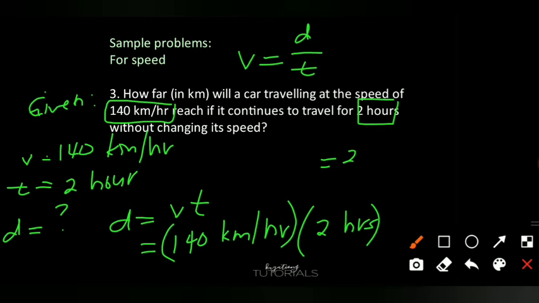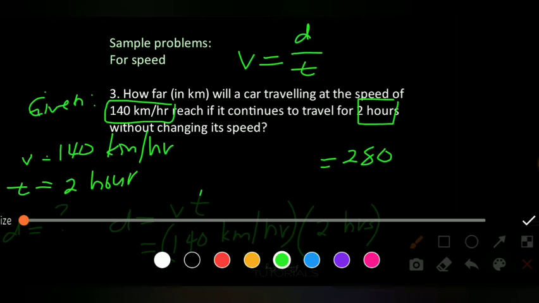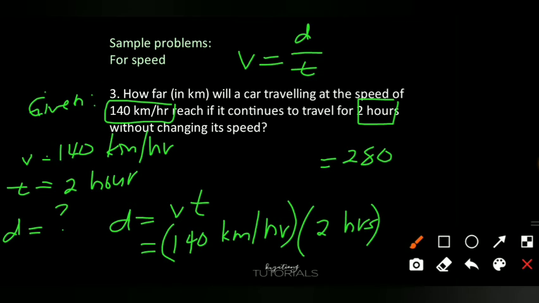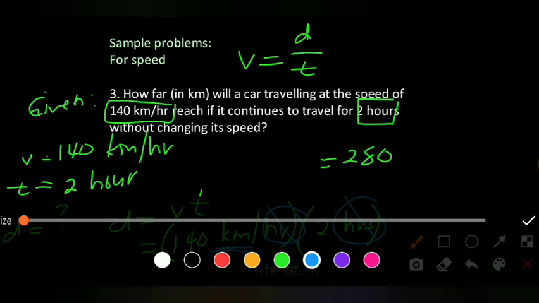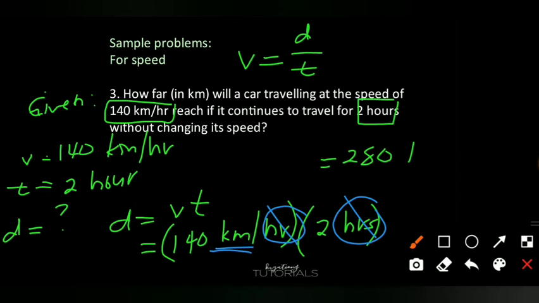At ibabaw ha? 280. Okay. Remember na pod nga, or kung ma-observe ninyo, nagdubli ang atong hours. So, mag-cancel out na po na sila. Ang ma-remain is si kilometers. km. Which is, ning suit siya ni distance. Kaya mo ba ito gipangita, di ba?